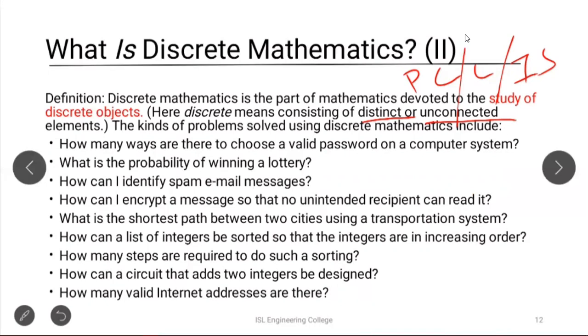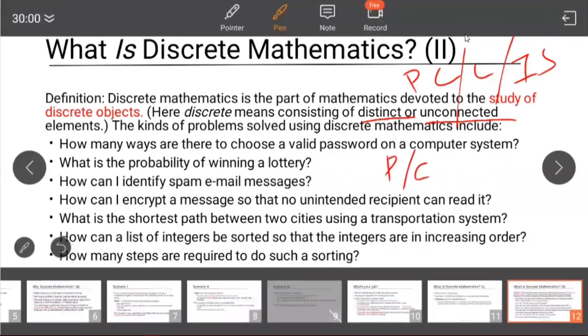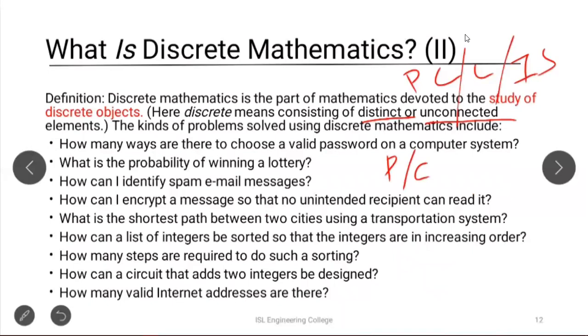How many ways are there to choose a valid password? This is a part of permutation and combination, if you remember. Then, what is the probability of winning a lottery? This involves probability. Now, how can you identify spam email messages? This involves the concepts of keywords. The next thing is the shortest path between two cities, and you can read the list of examples.